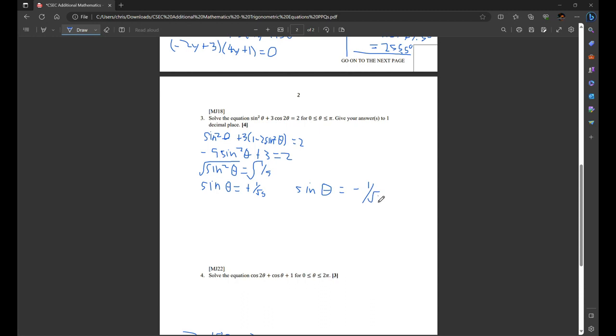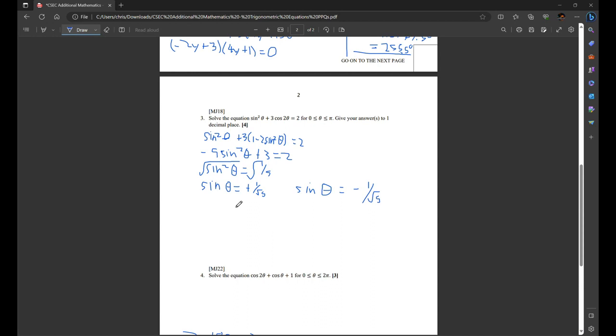Because if you remember, when you square a number, no matter what sign is in front of it, it's going to give you a positive number. So if you take the square root and you have a variable on the other side, that variable can be either negative or positive. And of course, the square root of 1 is 1, so that's why I didn't bother writing the full fraction under the square root. I just wrote 1 over root 5.